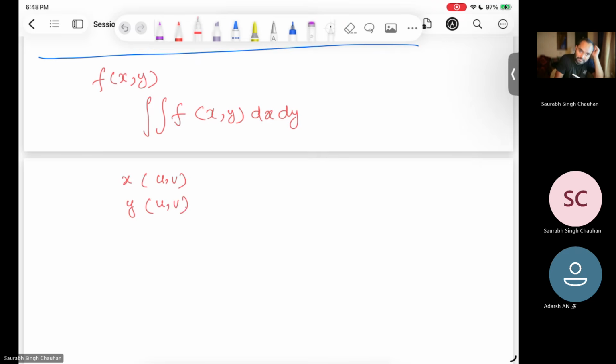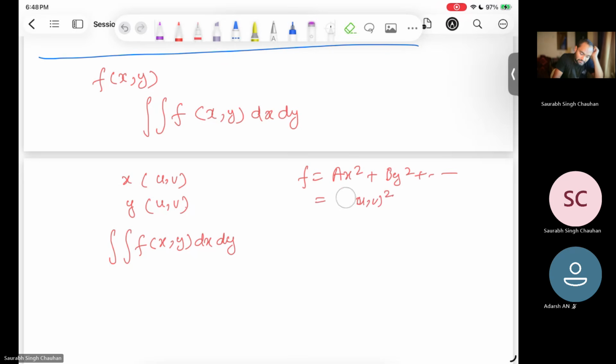Okay, then can you write simply f of x comma y dx dy? So f can be anything. f can be like a x square plus b y square, or anything. Then you write x in terms of u and v and keep the square. Okay, you will have the function x in terms of u and v and the square of that.